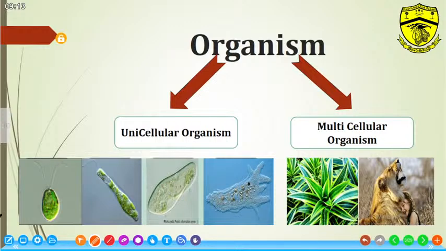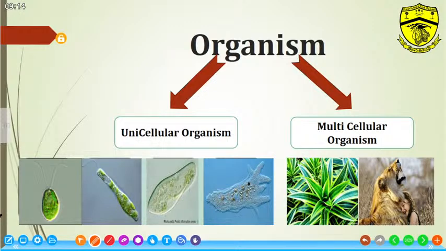A lot of organisms live in the environment, and we divide them into unicellular organisms and multicellular organisms. Unicellular organism means only one cell is present in it, and that one cell makes up the organism.